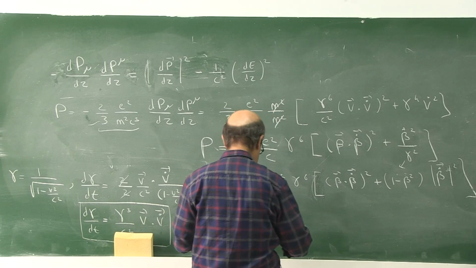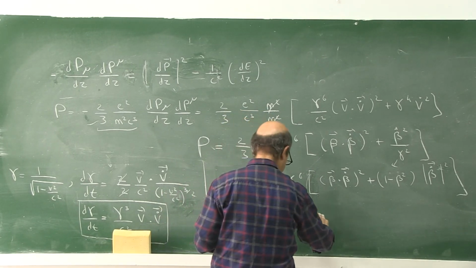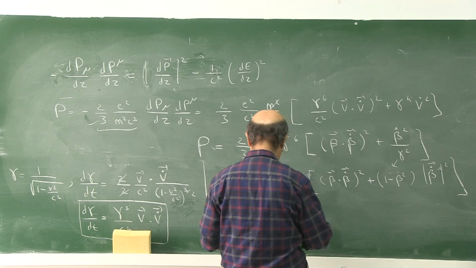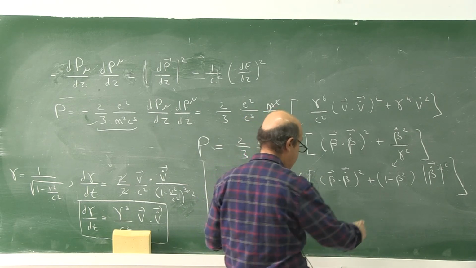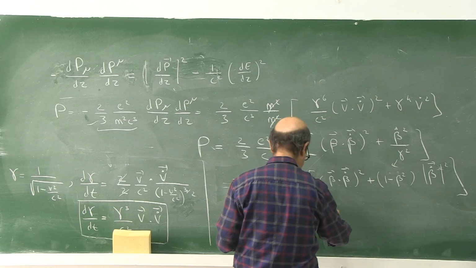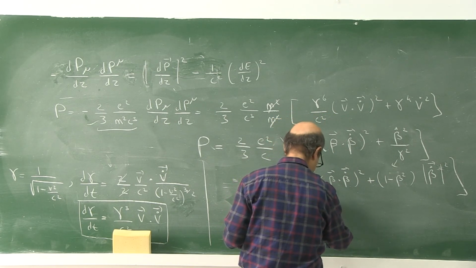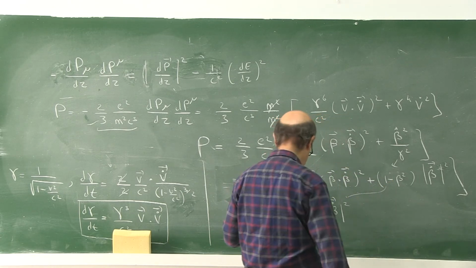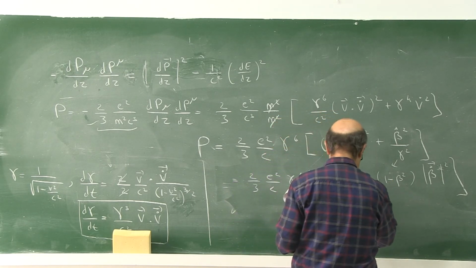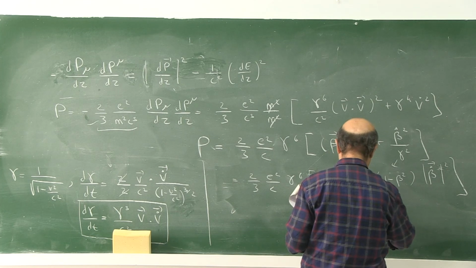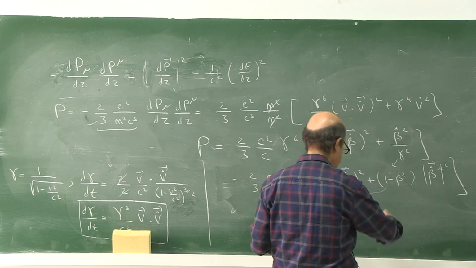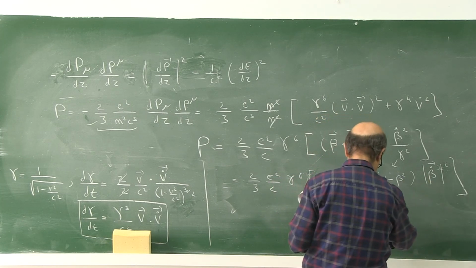So you can write this expression in the following form. So take the beta dot square here. This term comes to here. And say minus this beta square, beta dot square.